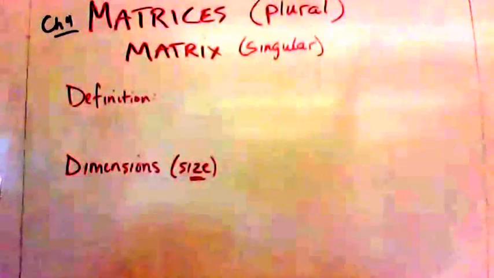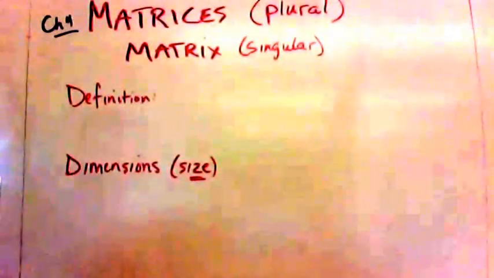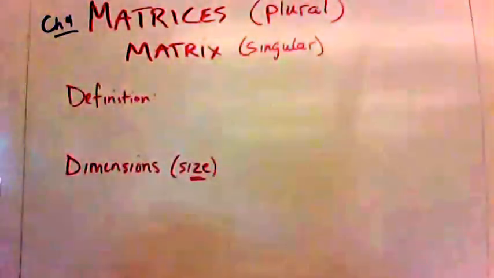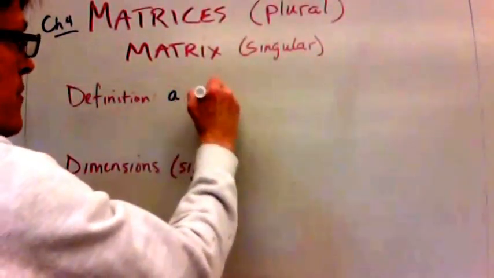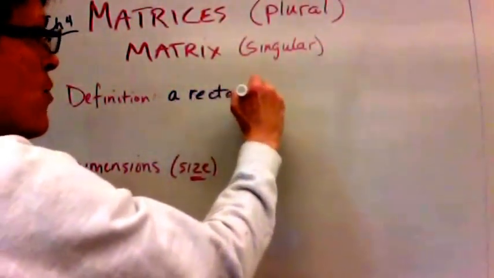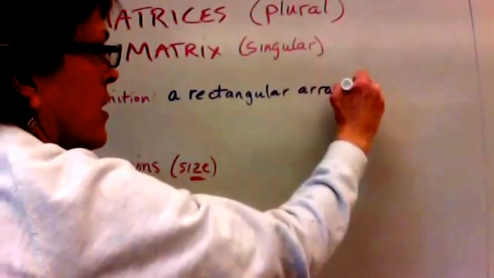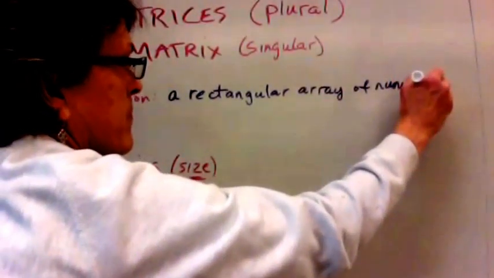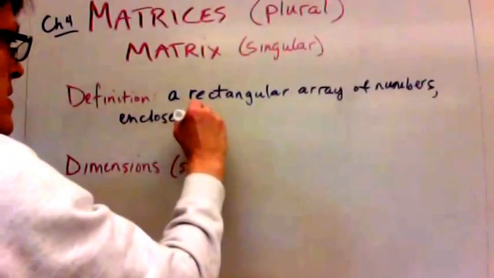They're ugly numbers. So anyway, we have matrices, which is the plural, and a matrix, which is singular. The definition of a matrix is a rectangular array of numbers enclosed in brackets.